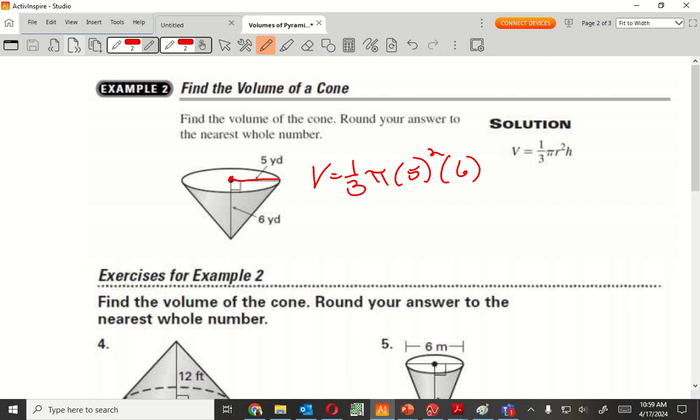And that's going to give me like 25, 50 pi. So volume is going to be about 157. Okay. Whole number, right? Point what? 0.1. So that 0.1 is going to drop off, right? And that's going to be yards cubed.